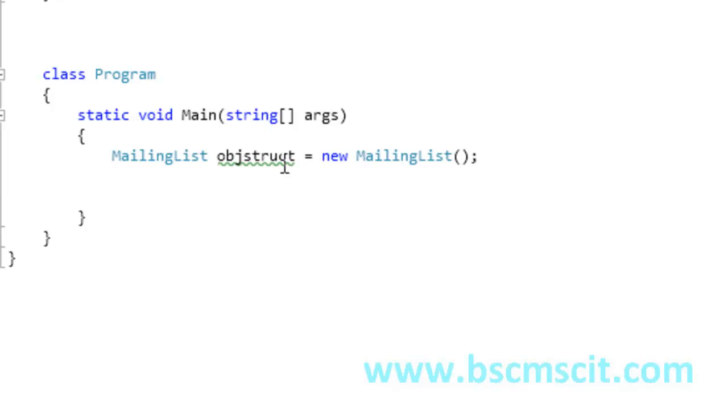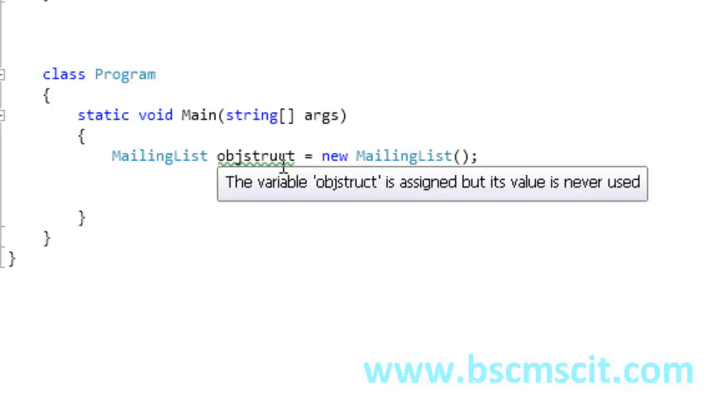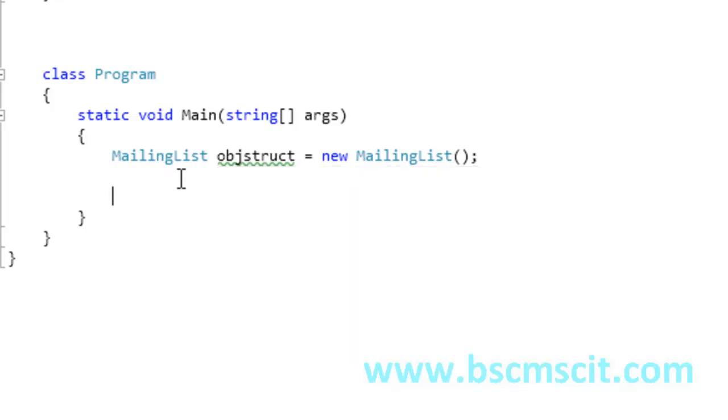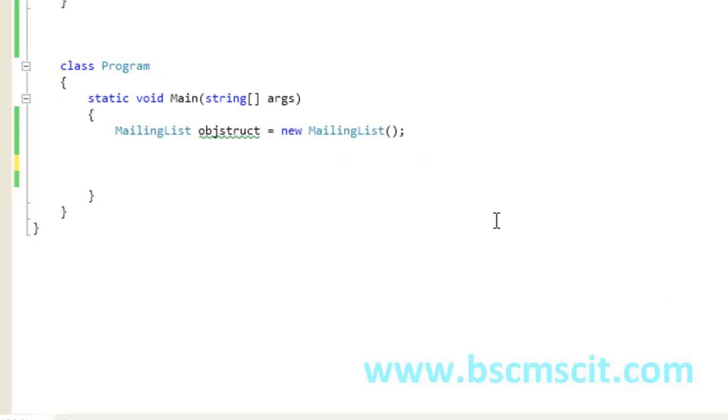So now the next step is reading the values from the command prompt. Let's say from the user inputted data we need to read the values. So for that we need to display some messages. For the time being, I have already coded this part. Let me just copy paste it here.